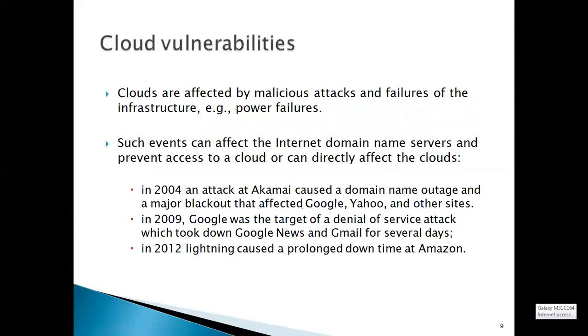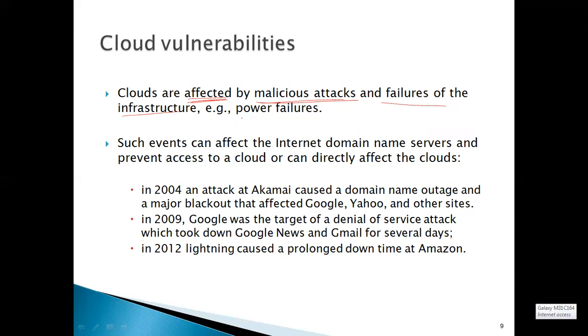Next, the cloud vulnerabilities. What do we mean by vulnerability? Here, clouds are affected by malicious attacks, like unauthorized access, and failures of the infrastructure. I have told you failures of the infrastructure may happen for several reasons.